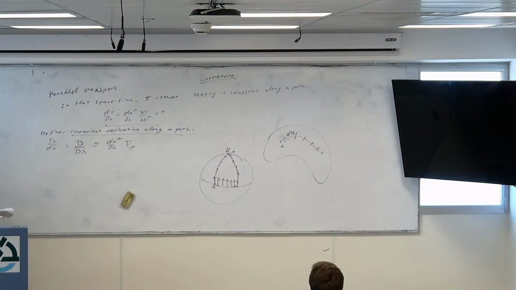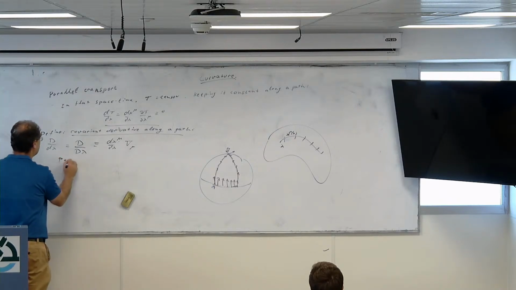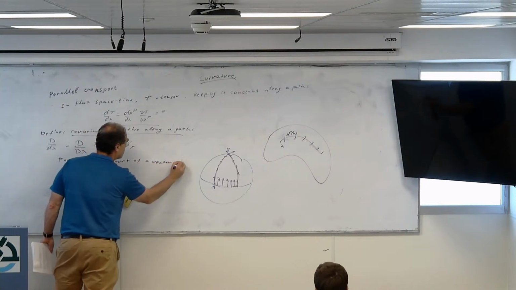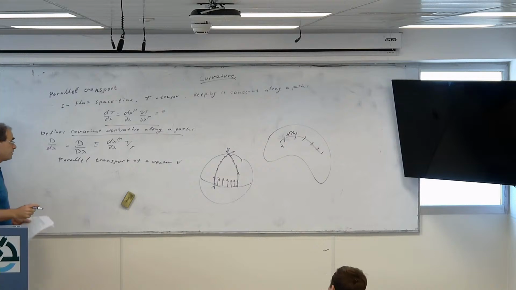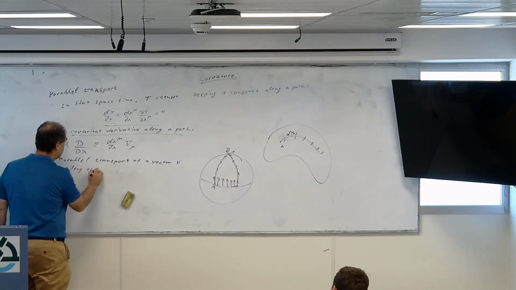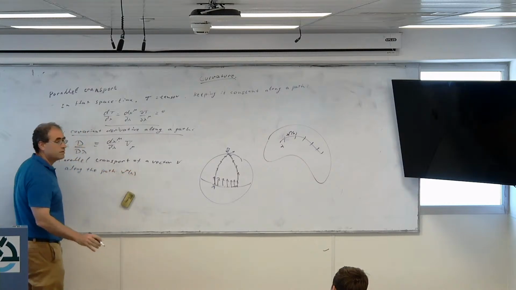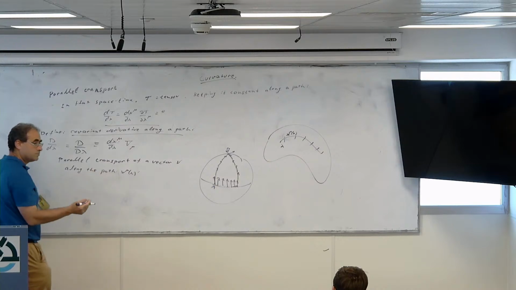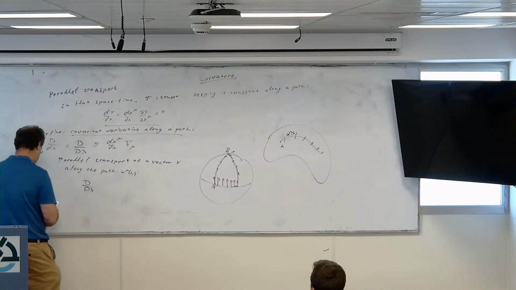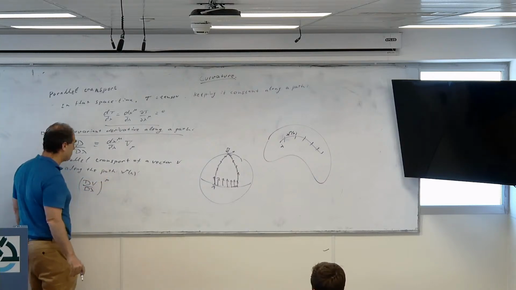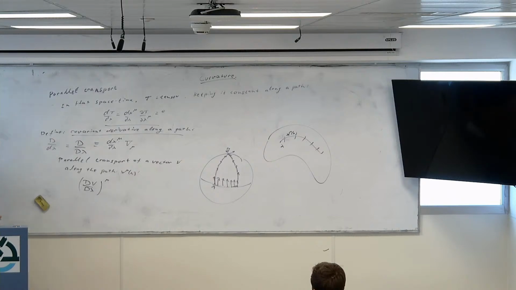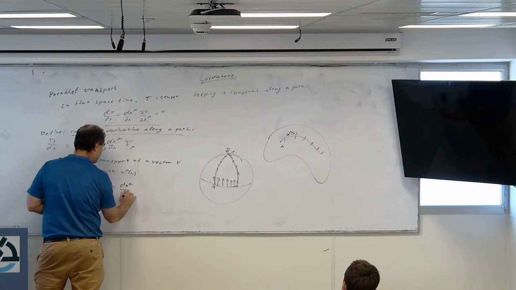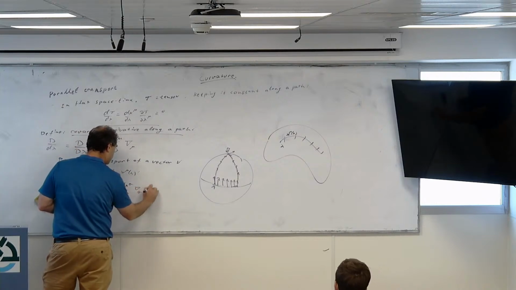Okay. Go to the parallel transport. So the covariant derivative along the path x^mu(lambda). DV over d lambda, this is the standard notation. dx^sigma over d lambda, nabla_sigma V^mu.